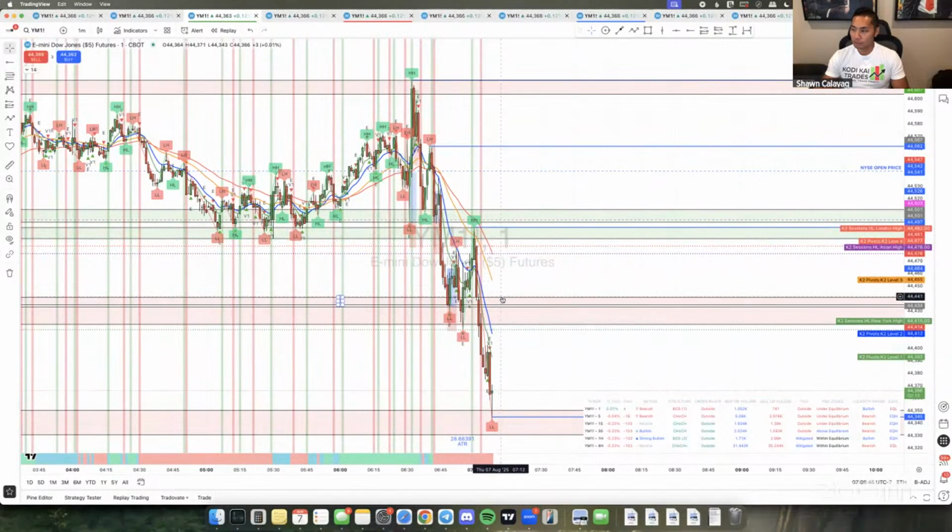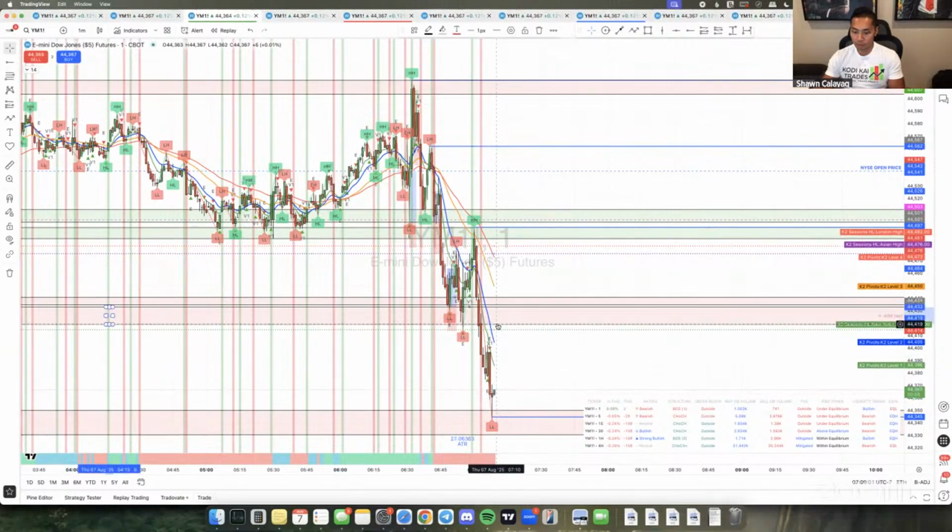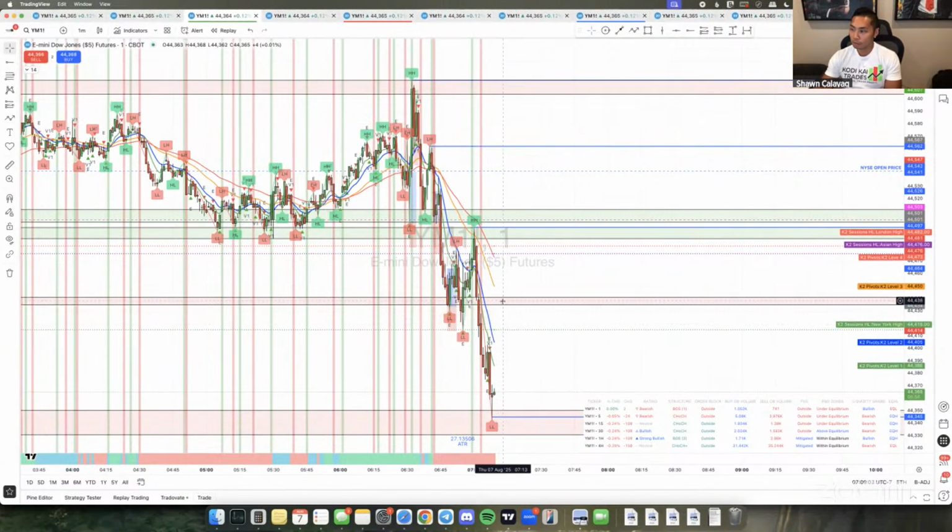All right, I'm gonna clean up these zones here a little bit. Price is currently at. Yeah, so I'm gonna clean up these zones a little bit because they've been broken, so they're only somewhat relevant now.